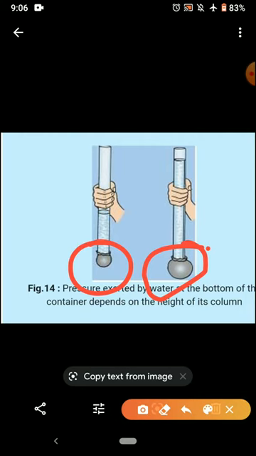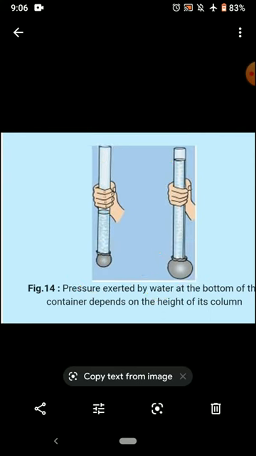Ask one of your friends to pour some water in both pipes. First, in the first pipe, you pour a little water, then you can pour more water in the other transparent pipe.